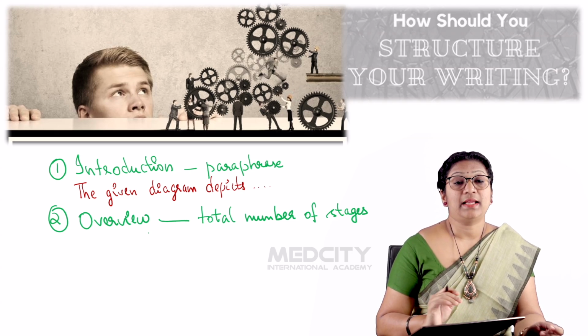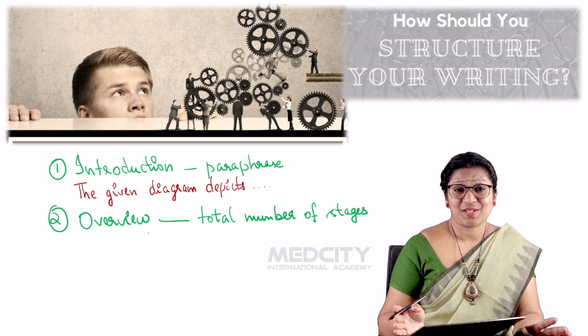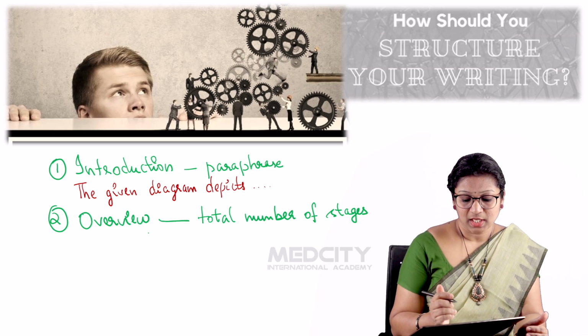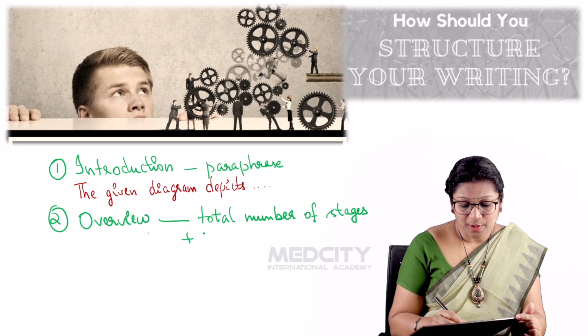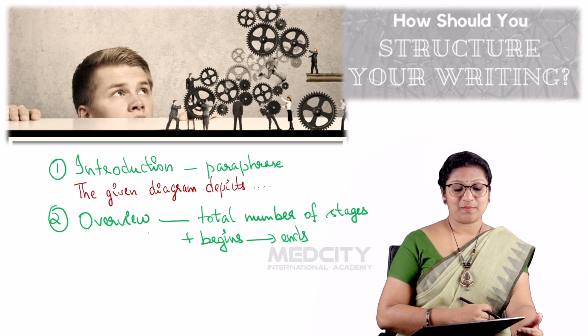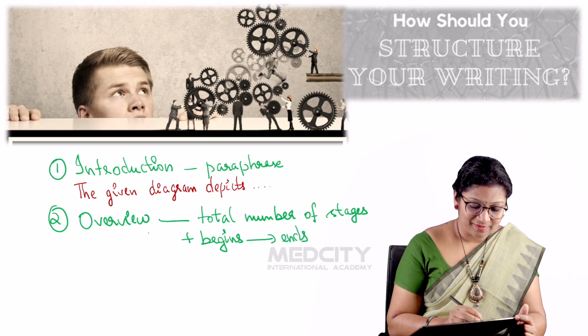Maybe I can say there are a total of 10 stages, or fish pie is produced in 15 stages or 15 different steps. I can also add where the process begins and where it ends. So this becomes my second paragraph.